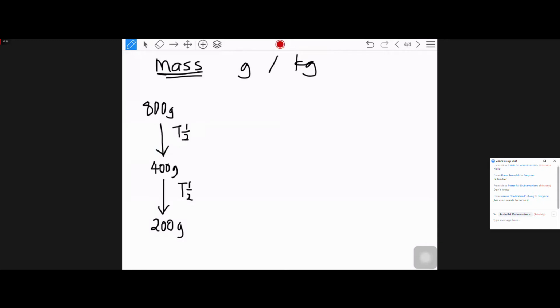So how many times did the half-life occur? 2 times. If each half-life takes 20 minutes, what is the total time taken? The total time taken will be 40 minutes.